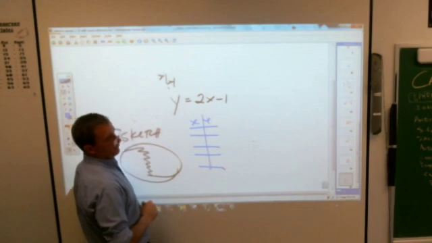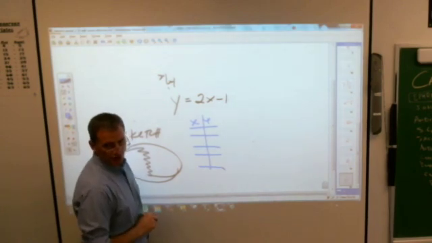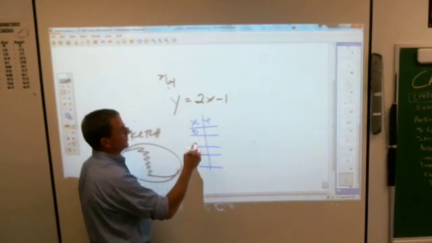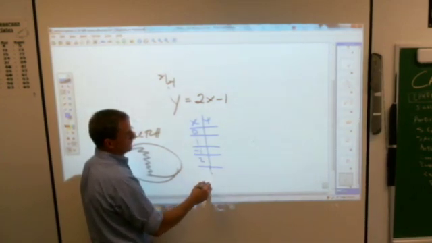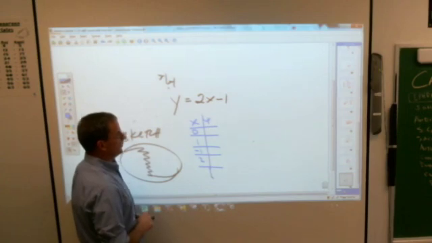Jackson, what numbers did you give me for your independent variables? 0, 1, negative 1, and 2. Did you stop there? That's fine. 3 or 4 is fine.